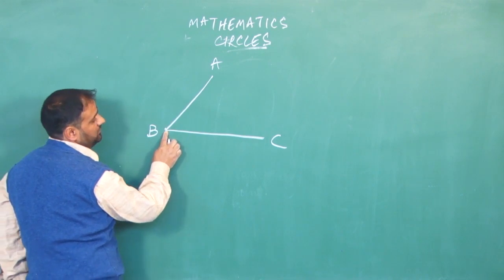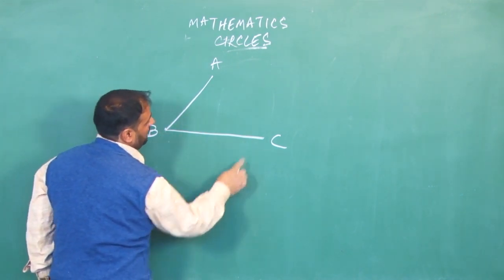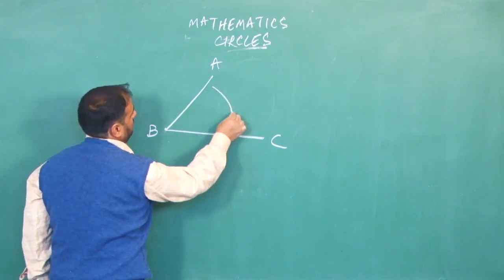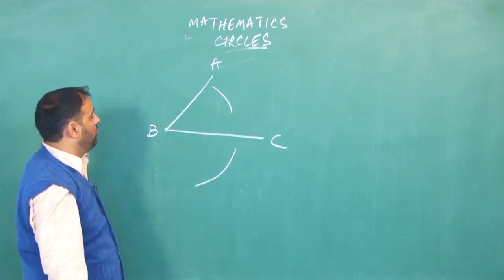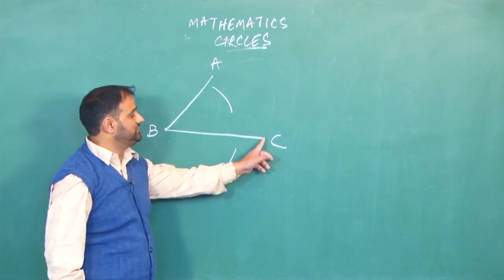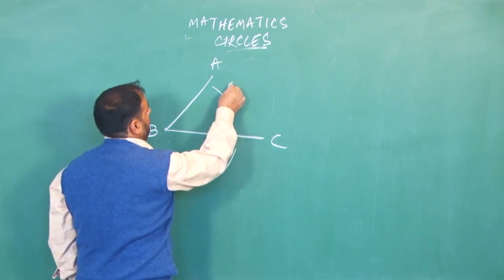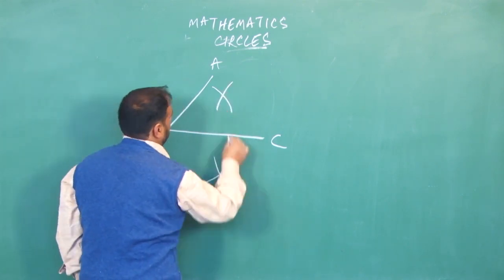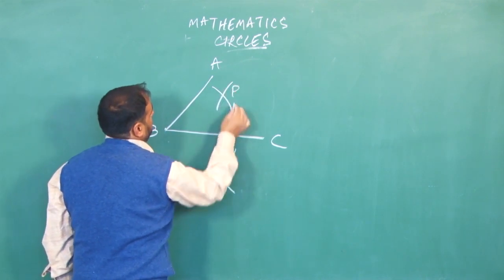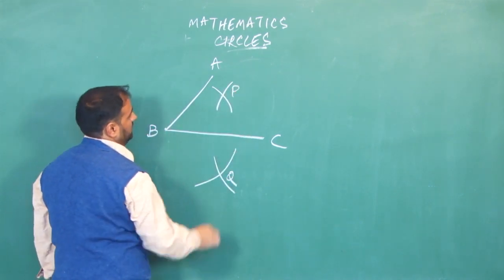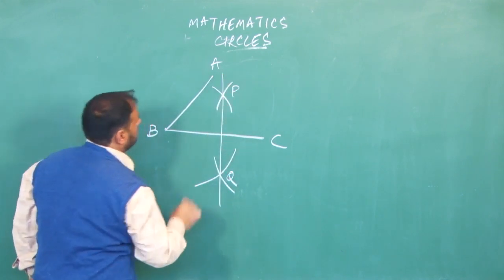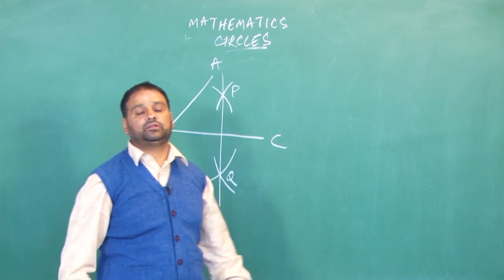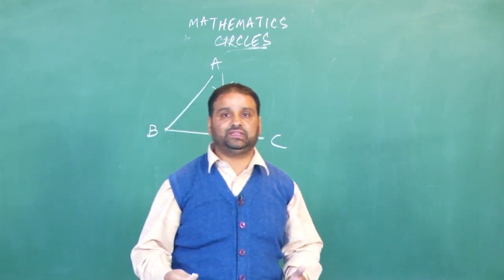Taking B as center and radius more than half of BC, draw an arc from above and from below BC. With the same radius, now take C as the center and draw another arc. Both these arcs, suppose, intersect at points P and Q, and join P and Q. PQ will be the perpendicular bisector of line segment BC.